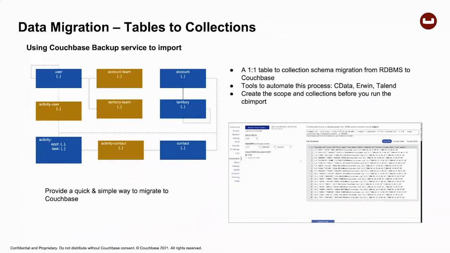So when you're ready to perform the migration, you can use any of our partners' tools, as I mentioned, like CData, Irwin, Talend, and many more, and more extensive services from Infosys and Irwin, who can guide you through the complete process. In the above screenshot, you can use the Couchbase workbench to perform the document import from either a CSV or JSON file.